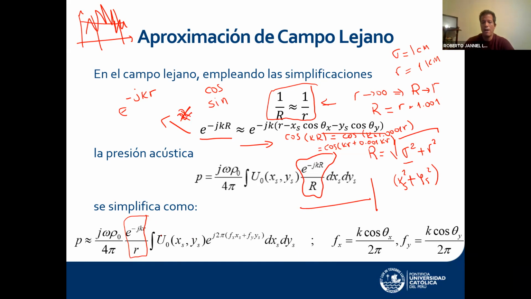And then we are left with the integral of u naught, which is the velocity at which the differential element at location xs and ys is vibrating, and then some complex exponential in here, e to the j 2 pi, some fx times xs plus fy times ys, dxs dys, where fx and fy are just k cosine theta x divided by 2 pi, and the same thing with cosine of theta y. Those are just constants. So that's okay.